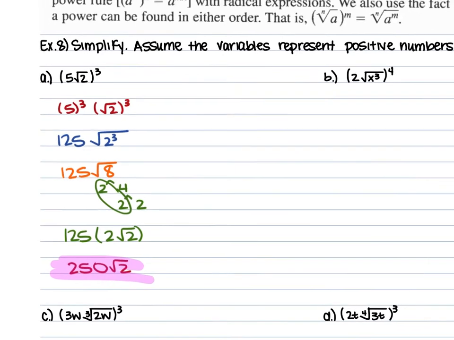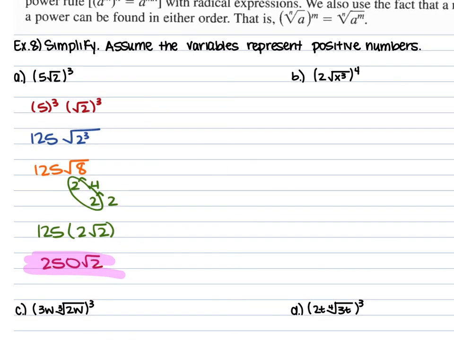For example B, we have 2 square root x cubed, all raised to the 4th power. So this is the same thing as saying 2 to the 4th power times the square root of x cubed to the 4th power. Now, if you do this correctly, that 2 to the 4th power is going to give us 16.